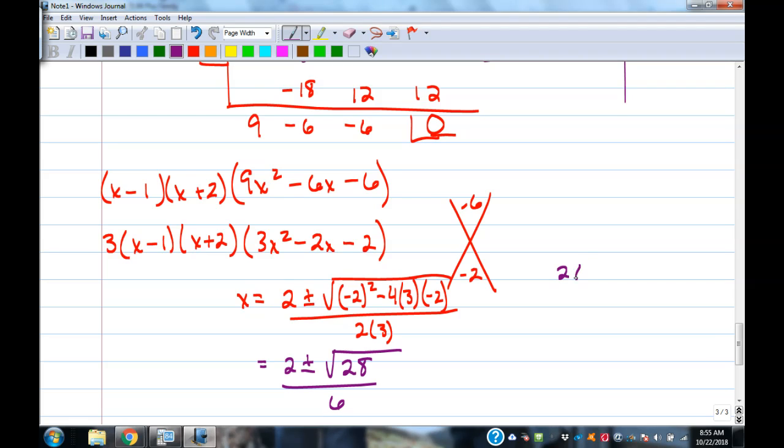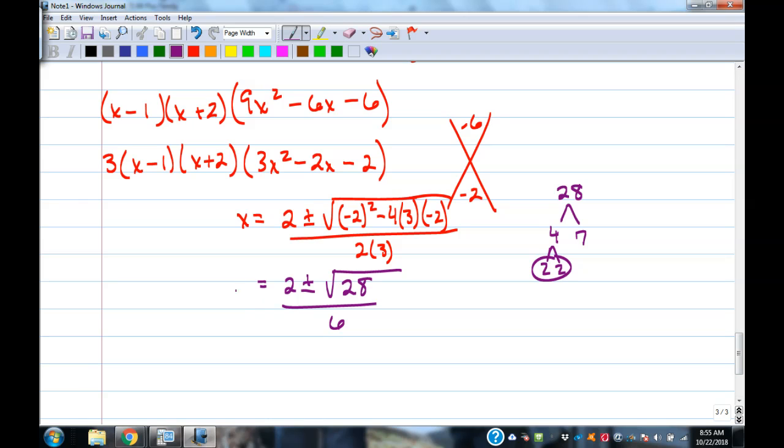Let's break down the 28. 4 and 7. Pair of 2's. So 2 plus or minus 2 radical 7 over 6. What do I know about all three of these numbers that I've highlighted?